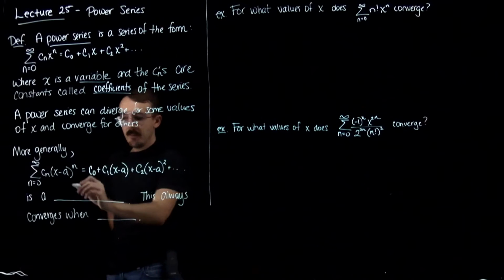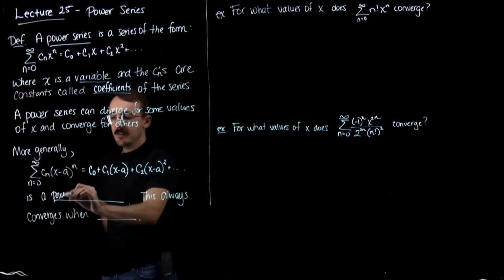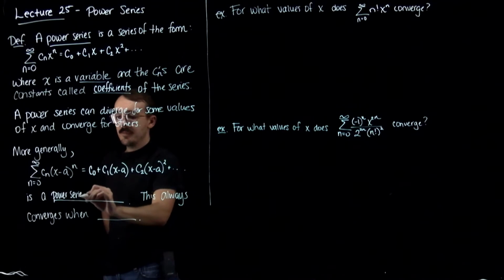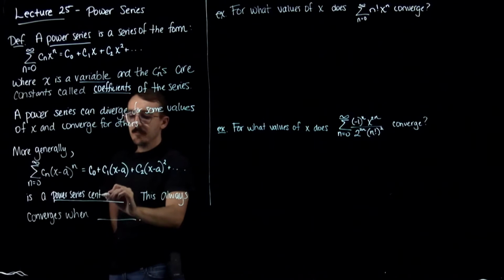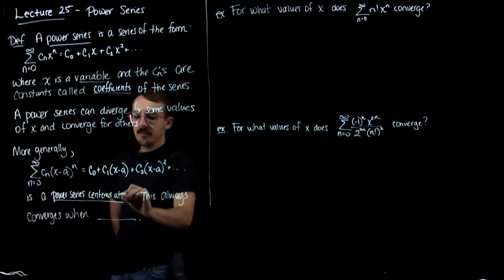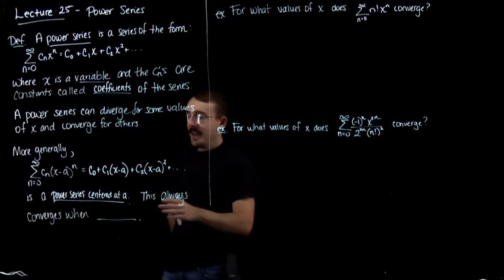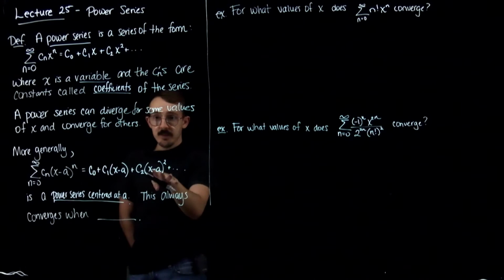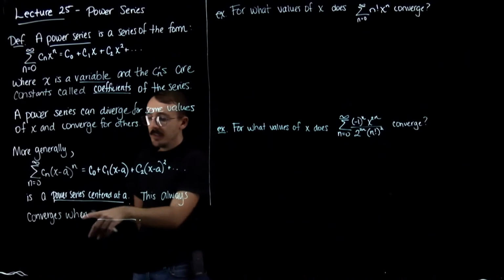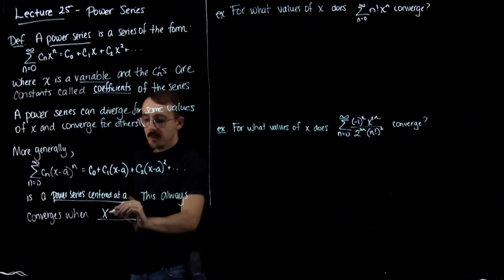So this right here is a power series, and we say it's centered at a. So a is some fixed value. This type of series will always converge when x equals a.